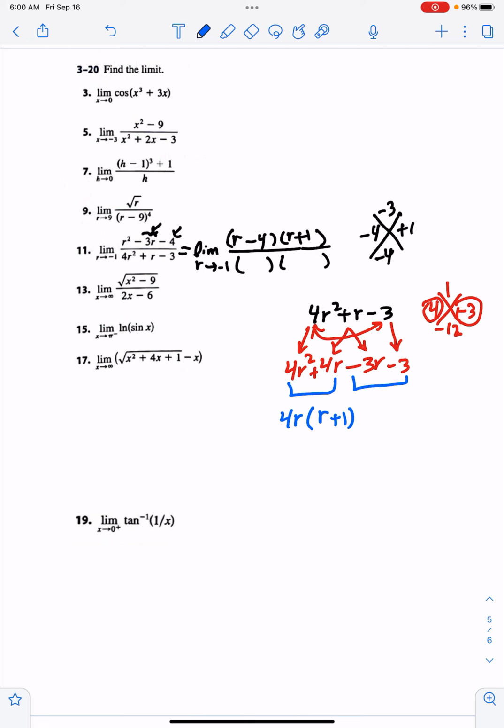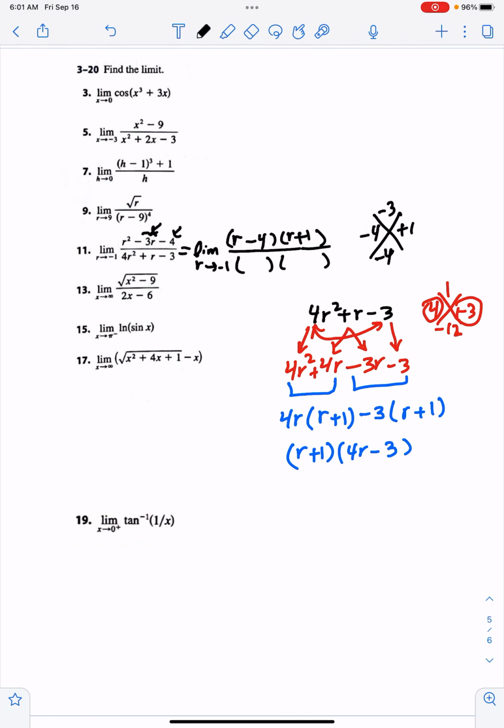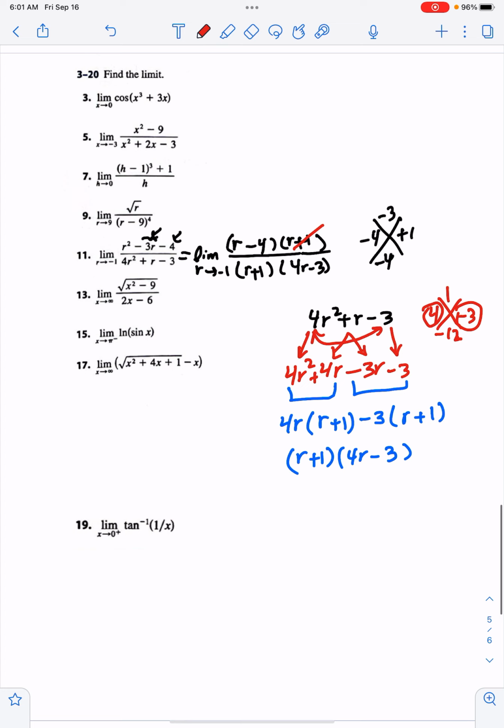And then factoring negative 3 from here, r plus 1. And then r plus 1 is common between both, and I have 4r minus 3. So my factors here are r plus 1 and 4r minus 3. The only thing that cancels here is r plus 1 and r plus 1.